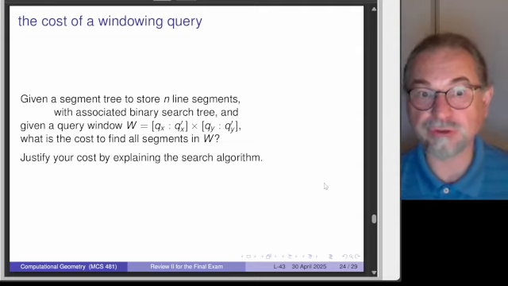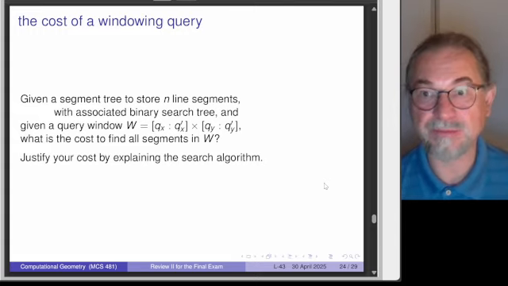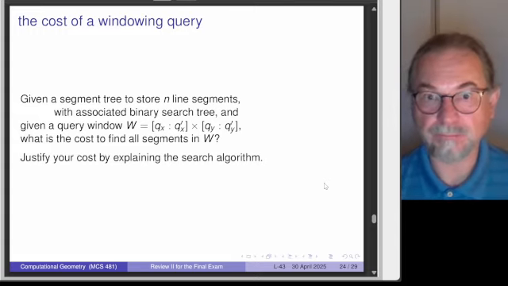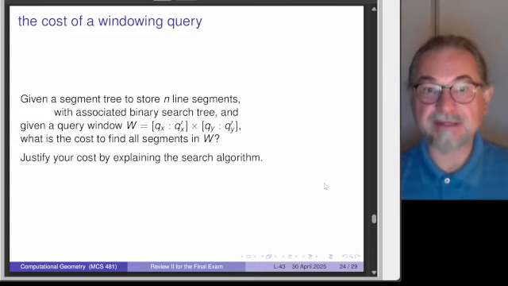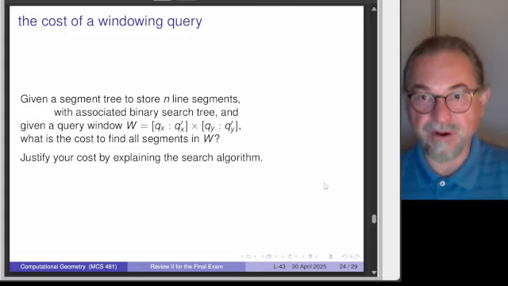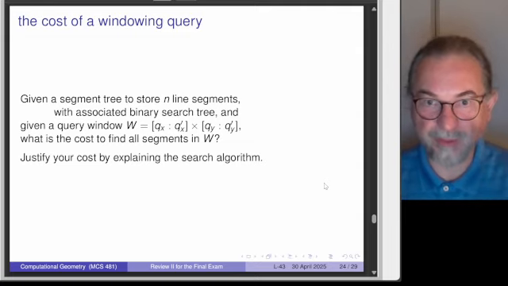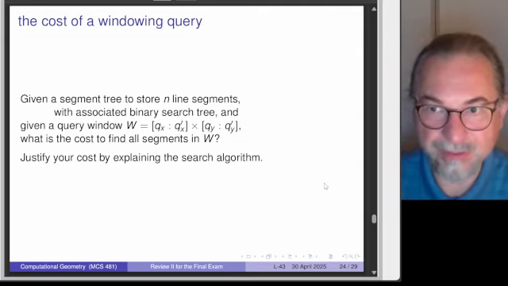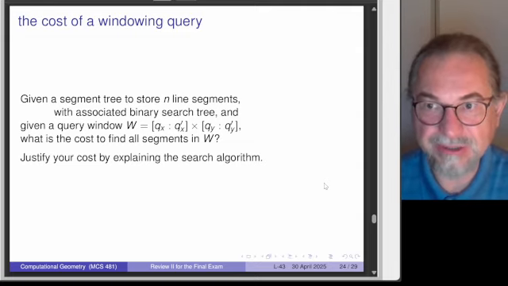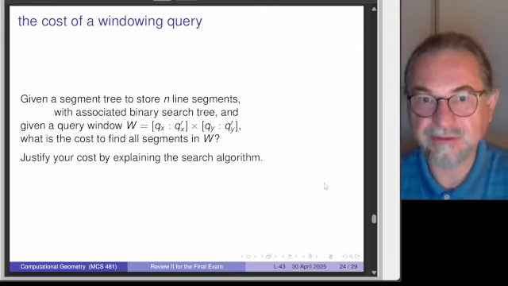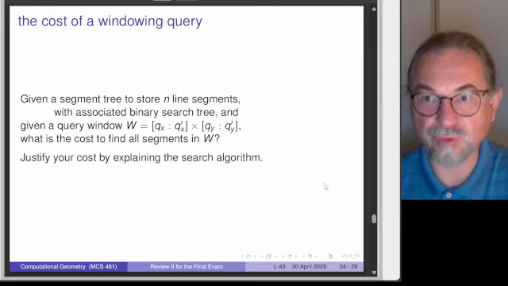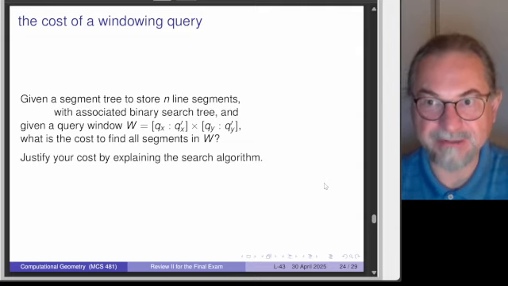Now, what is the cost to find all segments in the window W? And also explain the search algorithm. I explained the search for locating one point. Here actually we need to find the line segments within a range. So we have to report all the elementary intervals, all these segments.